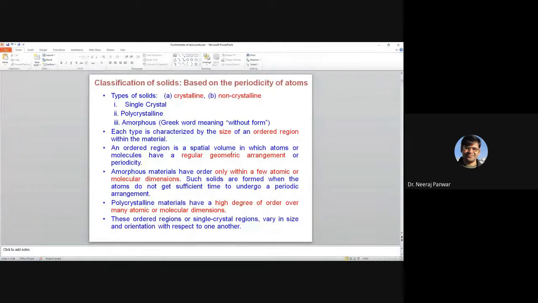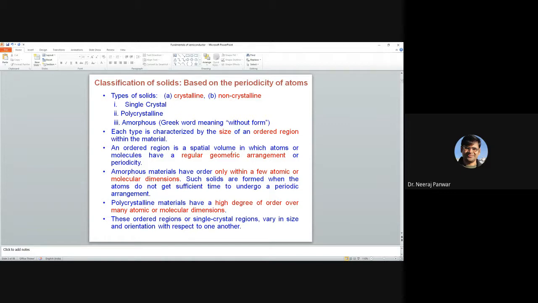I was talking about the classification of solids, and we can differentiate the solids based on whether they are crystalline solids or non-crystalline or amorphous solids. When we say the solid is crystalline, it means that the arrangement of atoms or molecules in those solids extends up to a very far distance.